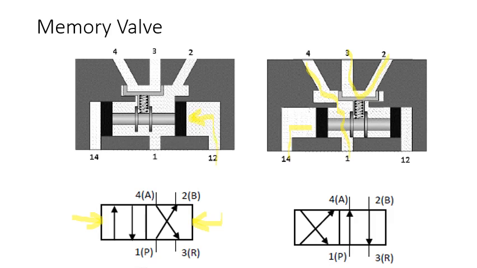When you push this spool, 1 to 2 gets connected and the supply from 4 to 3 gets connected. Even in this condition, until you supply air pressure at the other end, it will stay in the same condition. For that reason we call this a memory valve.